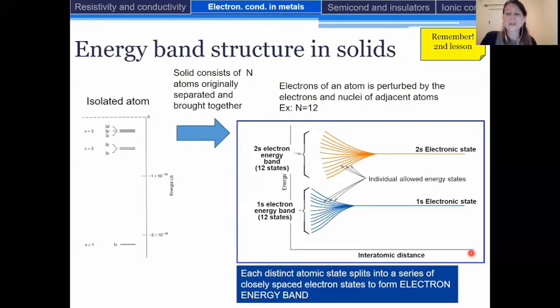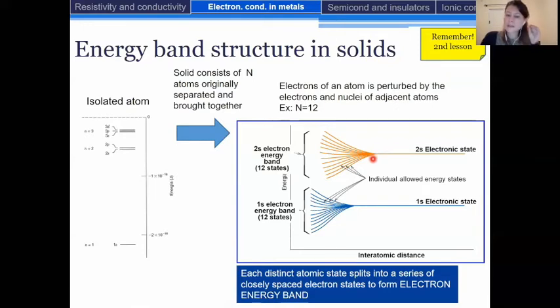And so, in this representation, we have the electronic states 1s and 2s with distinct energy values. And when the atoms are brought together and come closer, we can see that first the electronic state 2s is impacted. In fact, these electrons are perturbed by the electrons and nuclei of adjacent atoms.